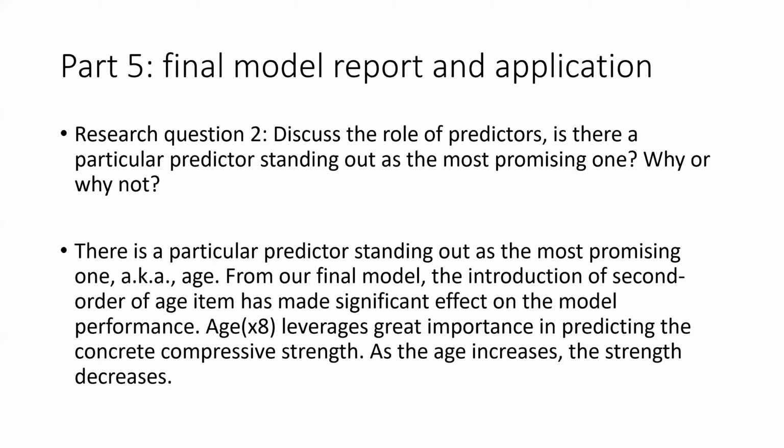From our final model, the introduction of the second order of the age term has made a significant effect in the model performance. Age, that is X8 in our model, has great importance in predicting the concrete compressive strength. As the age increases, the strength will decrease.